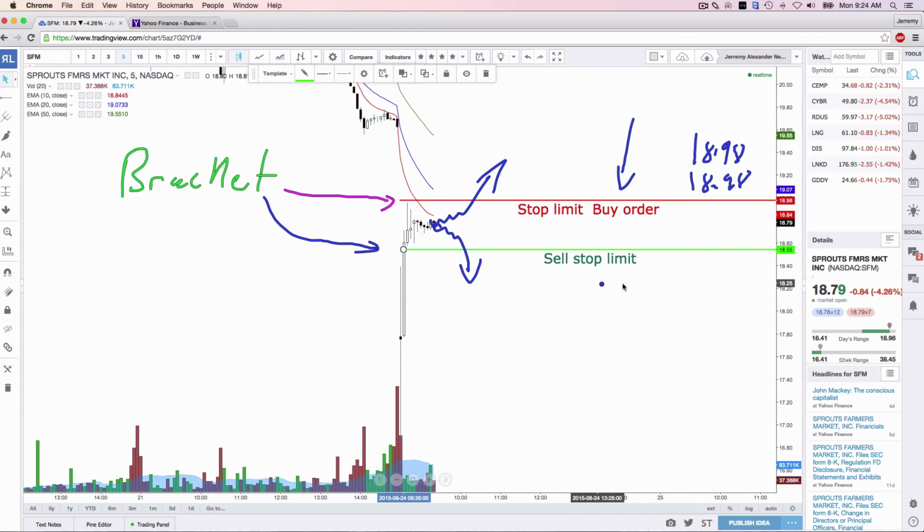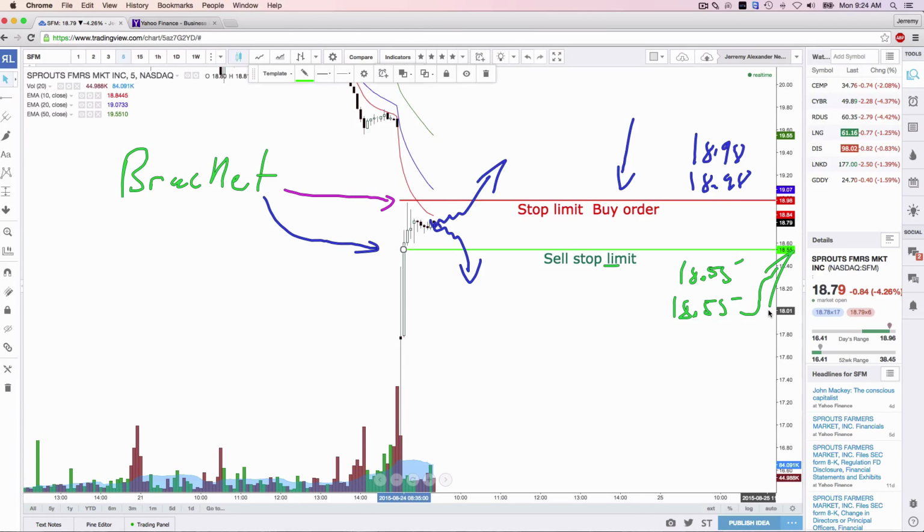If you do a sell stop limit, the stop is $18.55. This is the price at which the trade will get triggered into you live. That means the order is open and you want in. And your limit, you can make whatever you want. But if you do a limit of the same price as your stop, that helps reduce dramatically what's referred to as slippage.